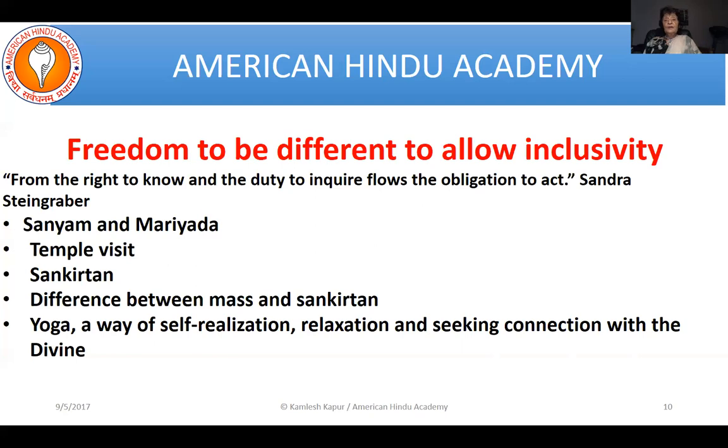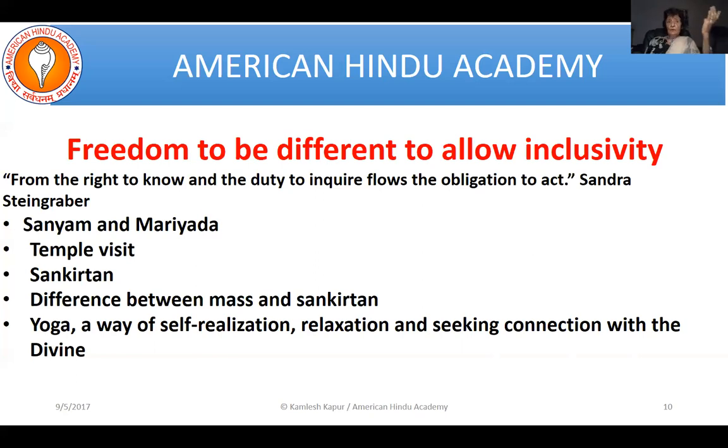But then you have to translate it into action. If you are unable to do that, then what's the point of knowledge and what's the point of inquiry and reasoning?